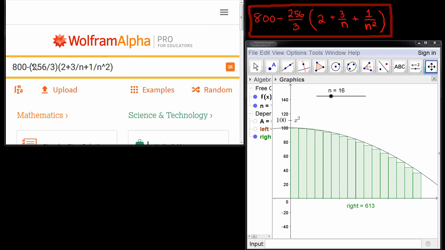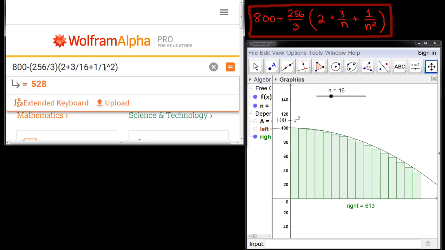So I have the formula programmed here in Wolfram Alpha. As a test, GeoGebra says that when you use 16 rectangles, the right-hand Riemann sum is 613. So let's go to this formula, and wherever I see an n, I'm going to replace it by 16.